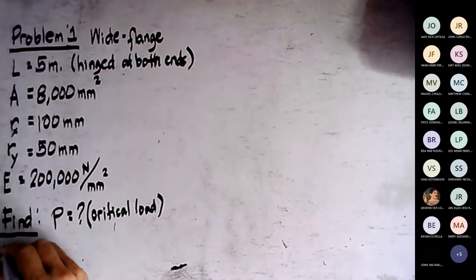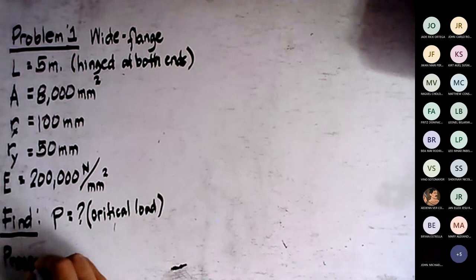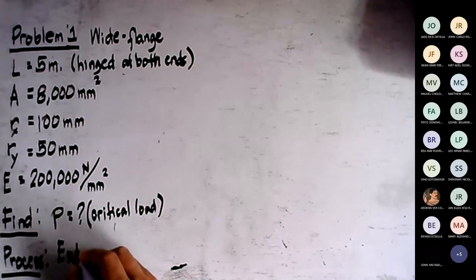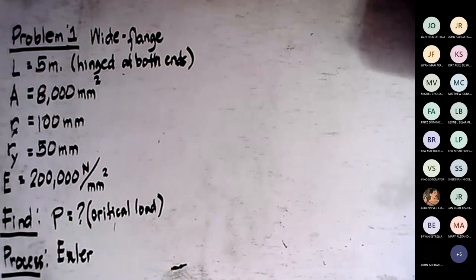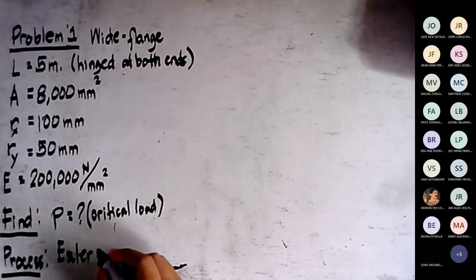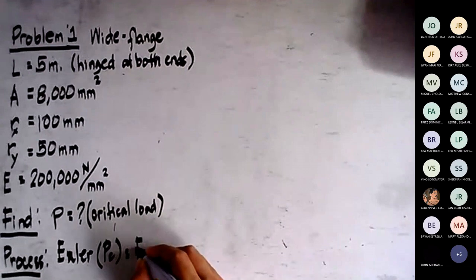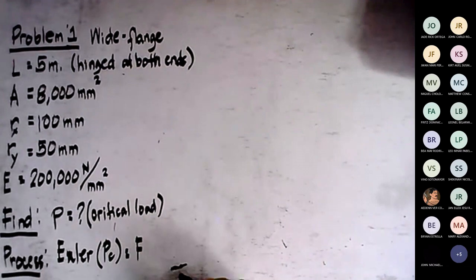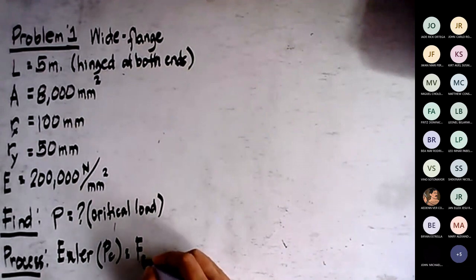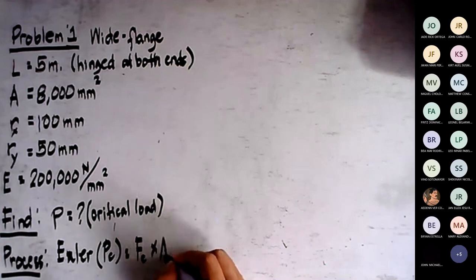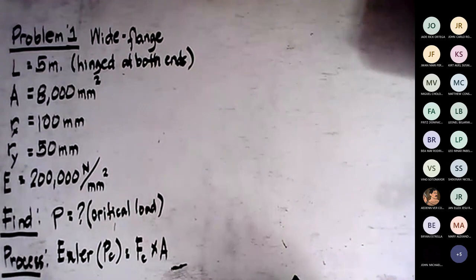According to Euler's critical load, P sub C is given by this formula. It's simply F, or force, critical force, and then you multiply it by the area, A.